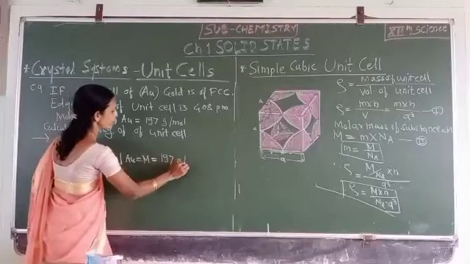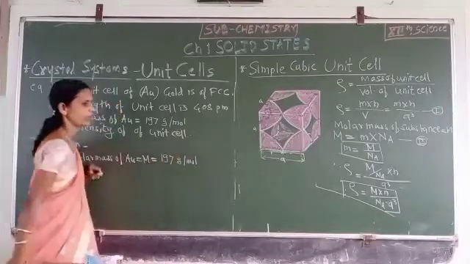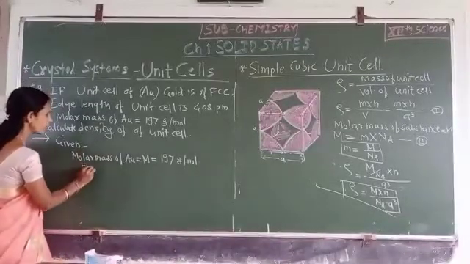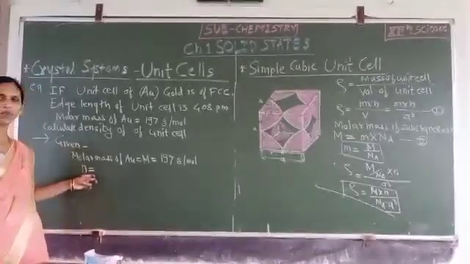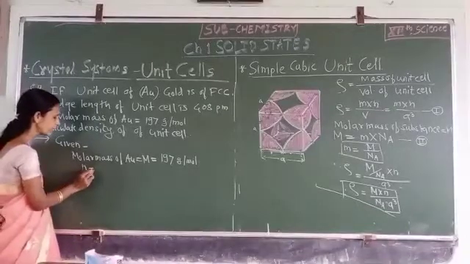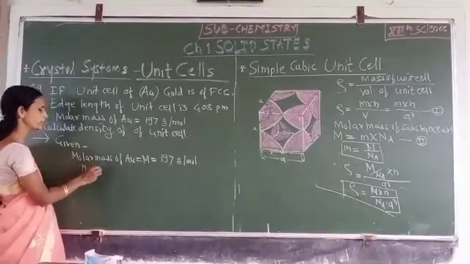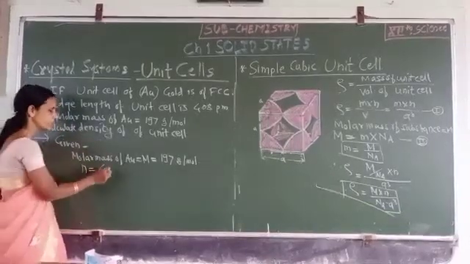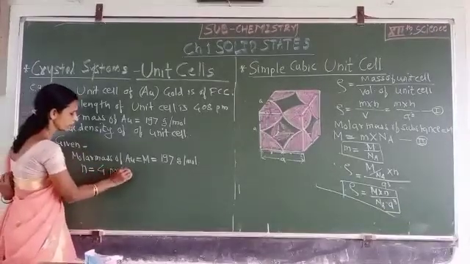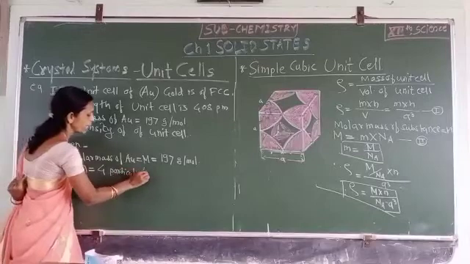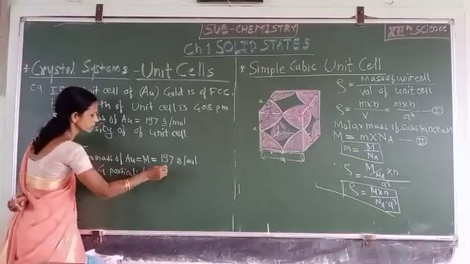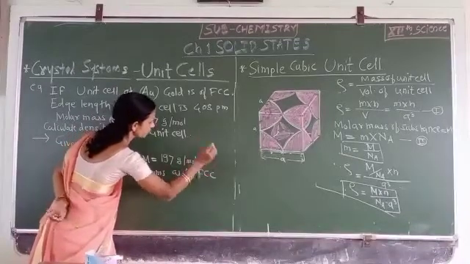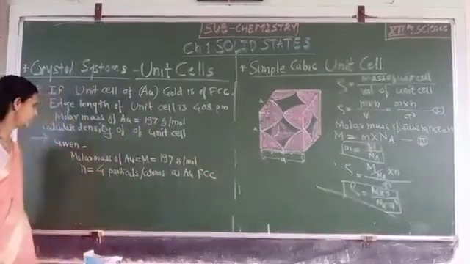It is 197 gram per mole. Then the total number of particles, N, that is the number of atoms present in FCC, is 4, because in FCC 4 atoms are there, as Au has an FCC type of unit cell.